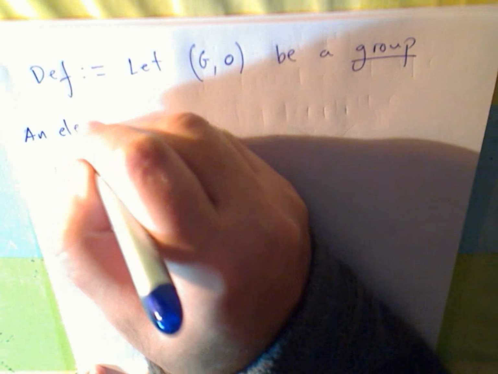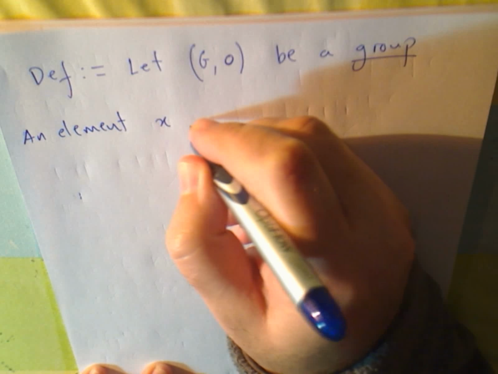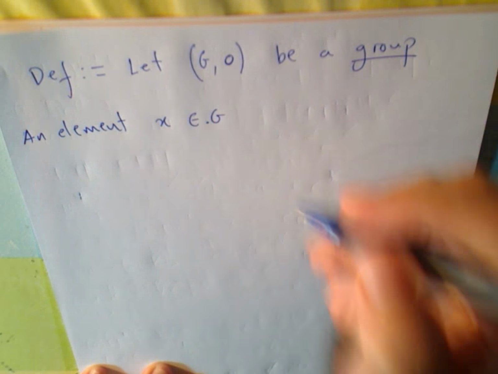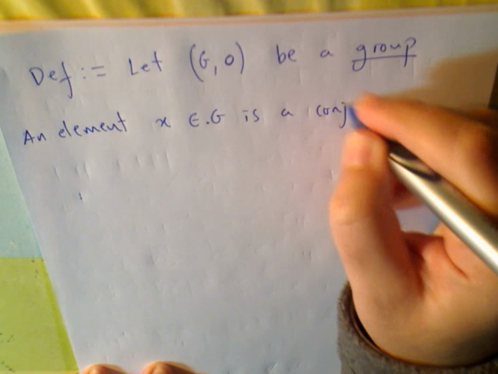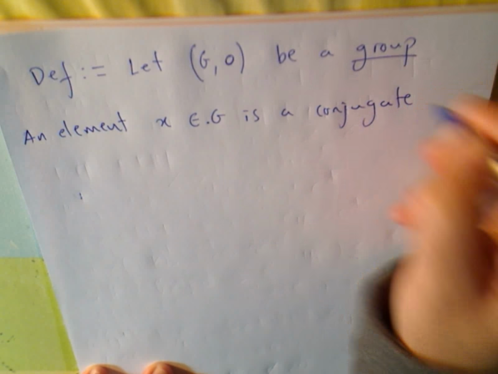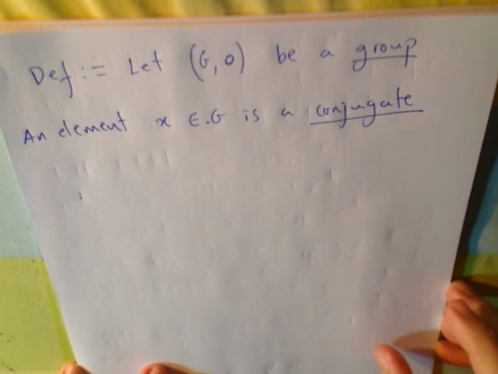An element X in G is a conjugate, and that's the definition I wanted to introduce here.